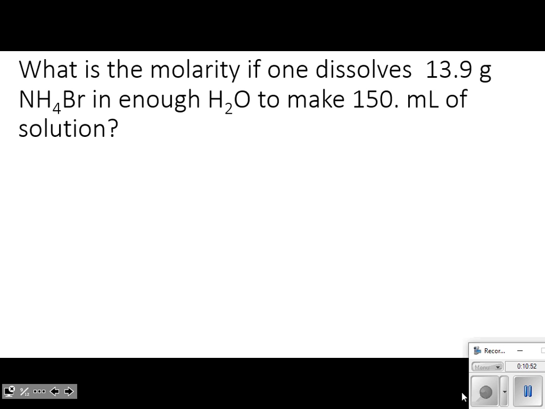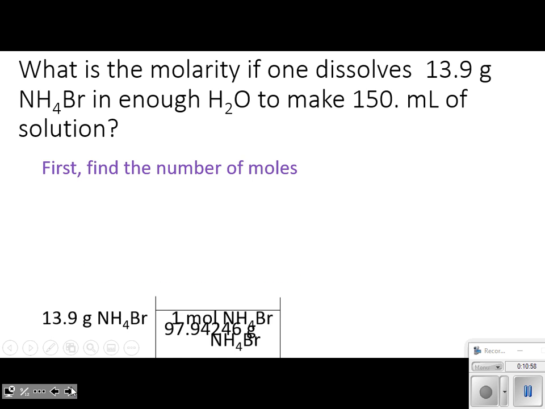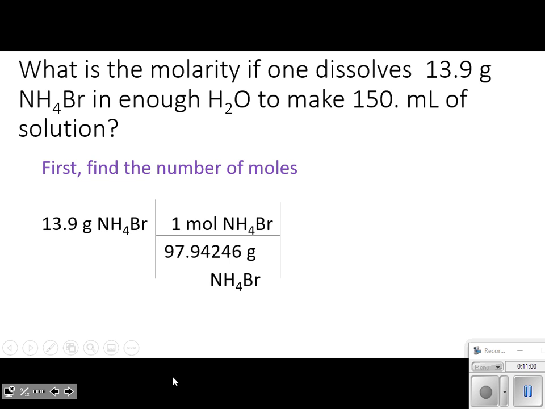So I need to, first of all, convert this into moles. And I do so by this conversion box. I've already calculated that the molar mass of ammonium bromide is 97.94246. I get my cancellations. So now I have converted this into 0.14192 moles of ammonium bromide.